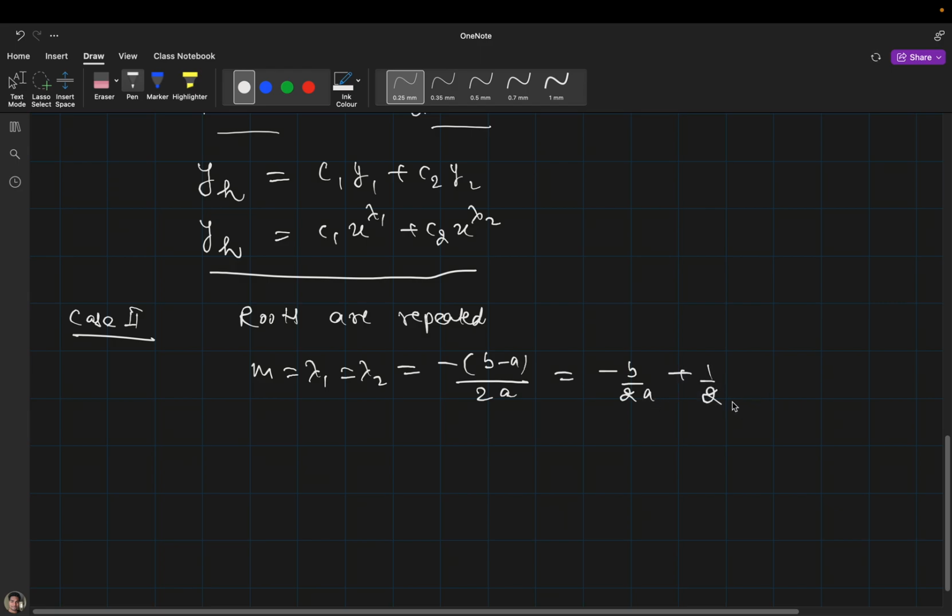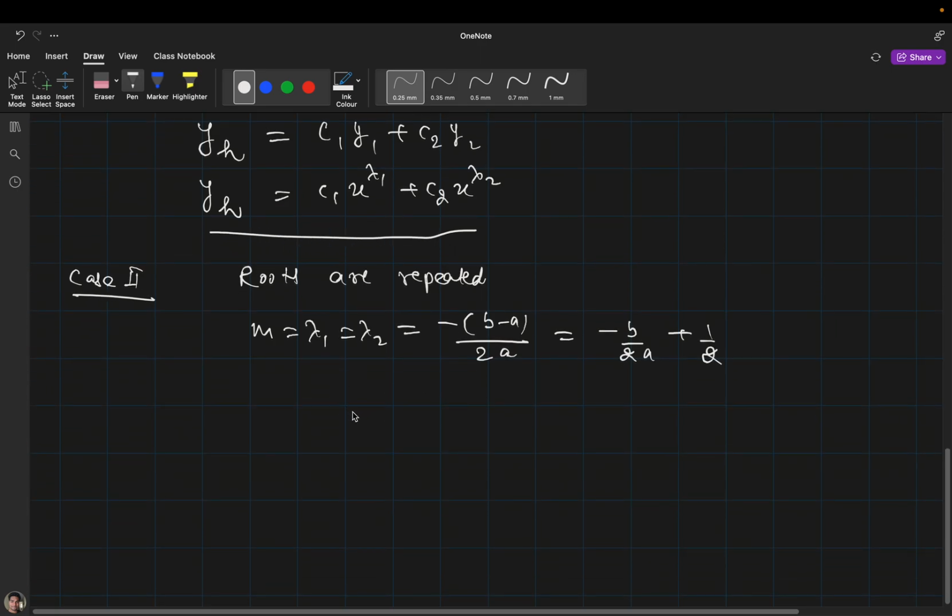This is the root. Now I already know one solution, y equal to x raised to the power lambda 1, that is x raised to the power minus b by 2a plus 1 by 2. But this is a second order ODE, which means there must exist another solution also.